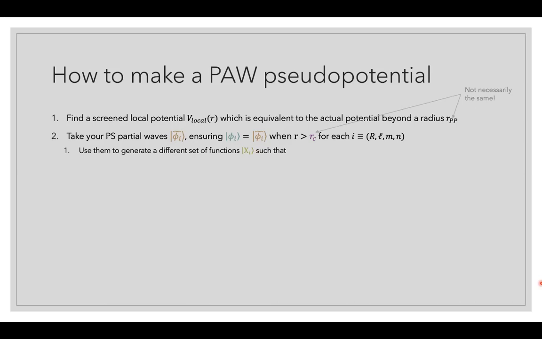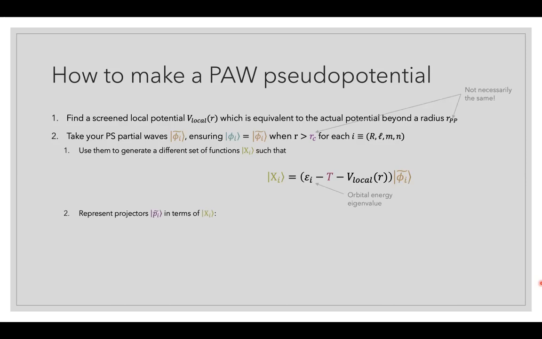You take your pseudized partial waves, and you use them to generate a different set of functions, x sub i, such that you're operating on your pseudo partial waves with the difference of, so you start with your orbital energy eigenvalue, you subtract from that the transformation operator, and then you subtract from that the local potential. And so you get these functions defined this way.